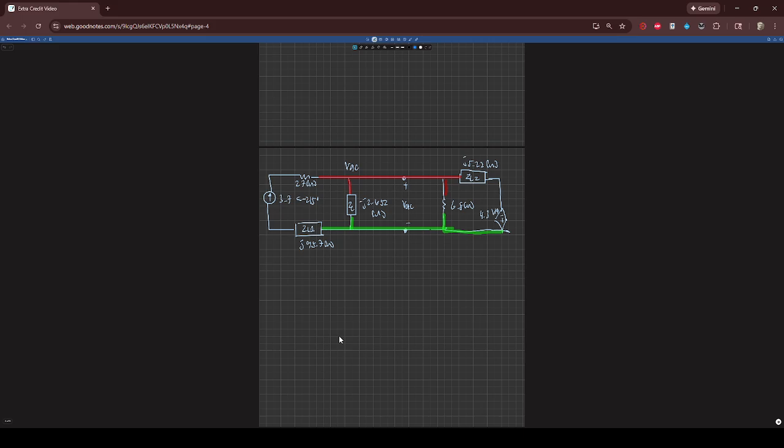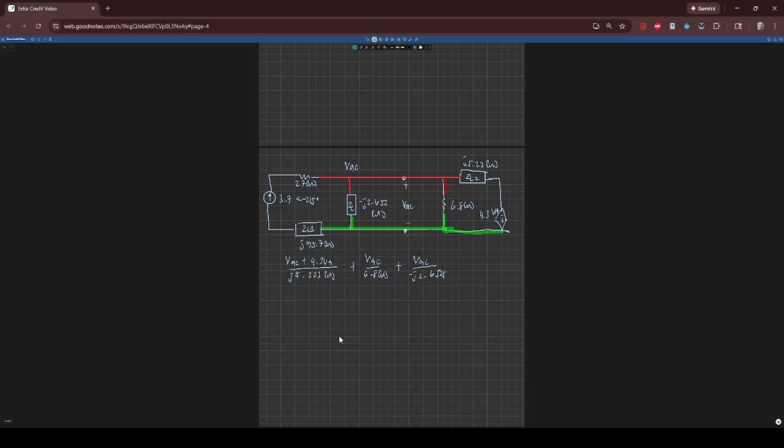So VAC plus VAC over 5.23 ohms plus VAC over 6.8 ohms, and then VAC over negative j 2.2525 ohms.